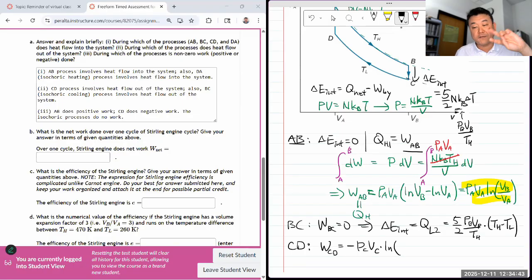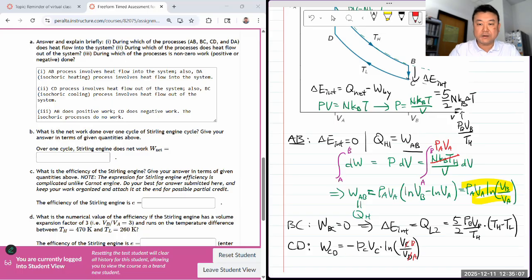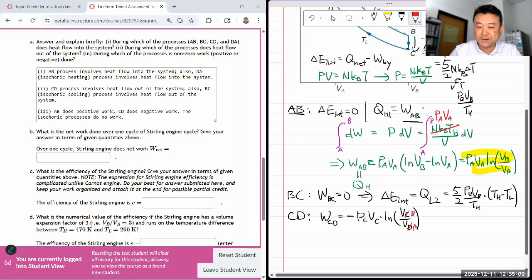Pulling out the minus sign, I flip them, so it'll actually be initial over final, VC over VD. I guess VC over VD is VB over VA. So let me just make this substitution, VB over VA. So this natural log is now positive. That's what I mean, this is manifestly negative. That way, I don't make any unintentional sign errors.